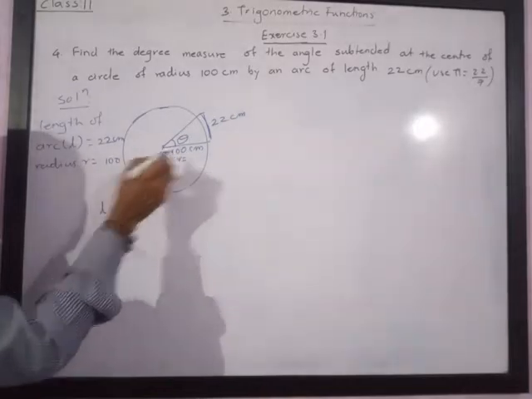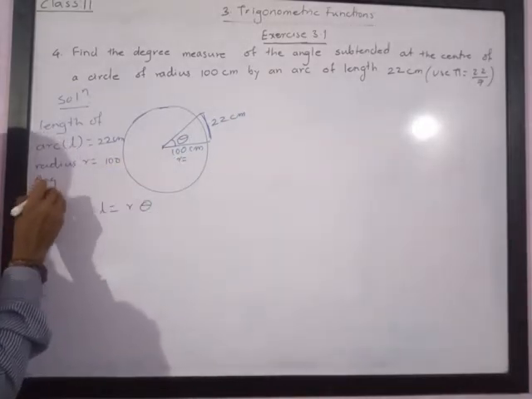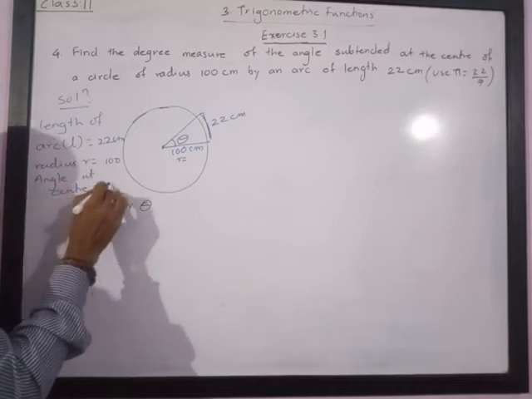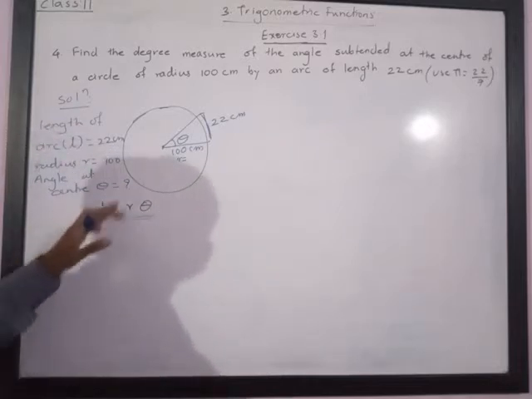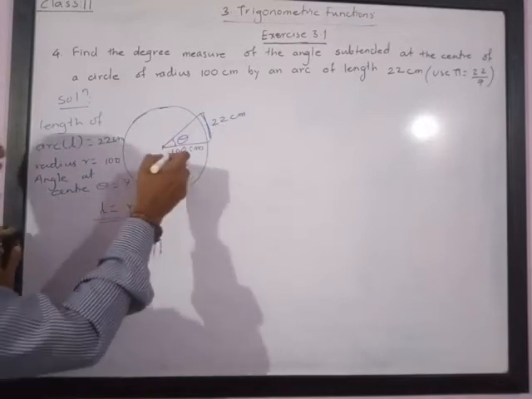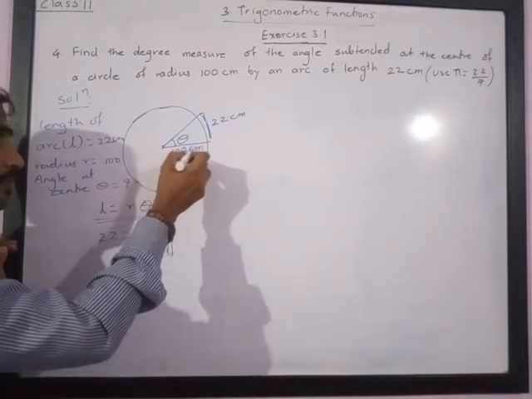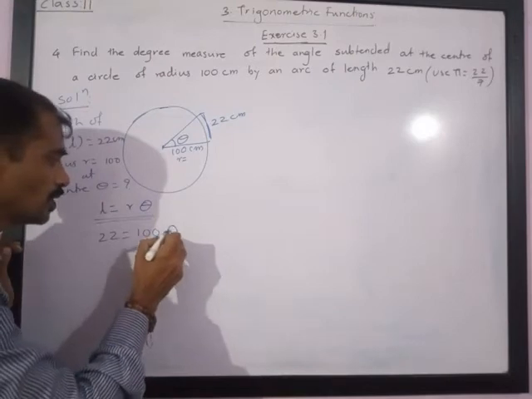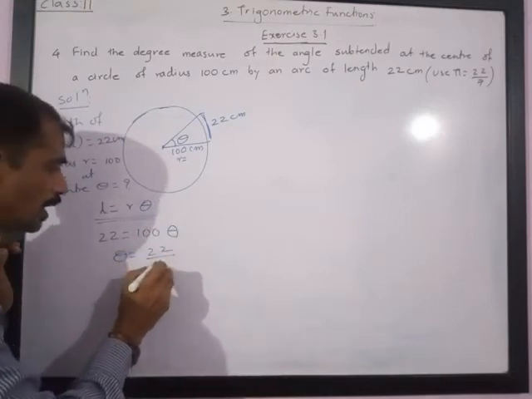We are asked to find theta, that is the angle subtended at the center. We have the identity L is equal to r theta. So 22 is equal to 100 into theta, and theta is not known to us. So we have theta is equal to 22 upon 100.